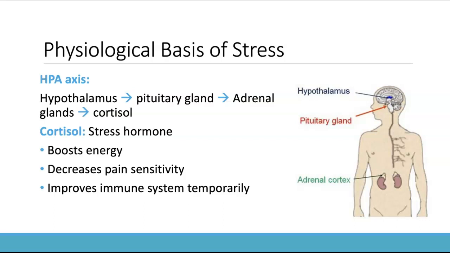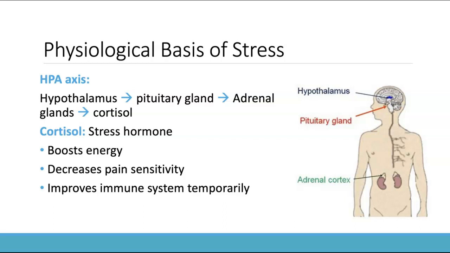Now, in moments of stress, not only does this trigger a boost in energy, it also decreases pain sensitivity. So we've spoken before, when we talked about the gate control theory of pain, that while pain is adaptive, it lets us know something's wrong, there are also moments where we need to switch off from that. The example I used in that video is if you have a knee injury and you're walking home late at night and someone starts chasing you and you need to run for your life, you need to be able to switch off from that pain in your knee, because otherwise you're going to have a hard time running.